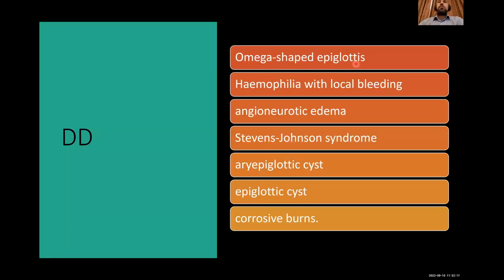The differential: omega-shaped epiglottis, which is an anomaly, hemophilia with local bleeding, angioneurotic edema, Stevens-Johnson syndrome, epiglottic cyst, and corrosive burns.